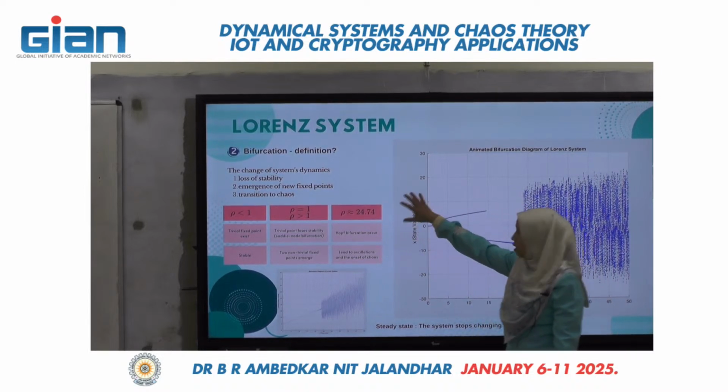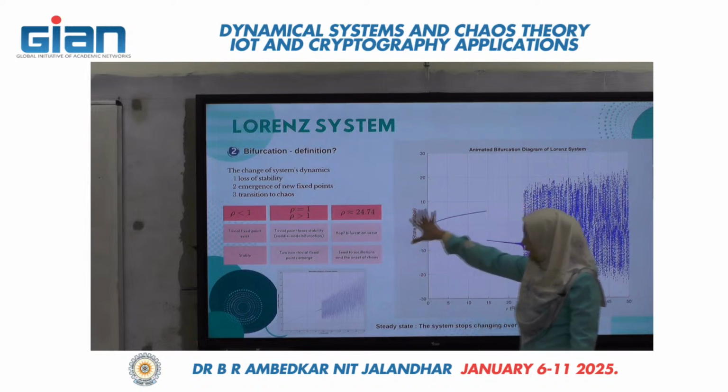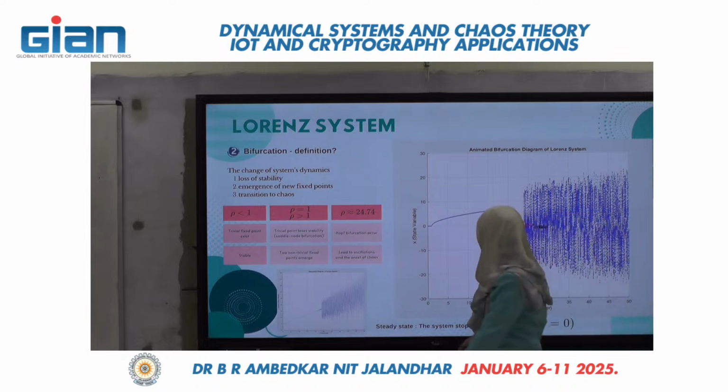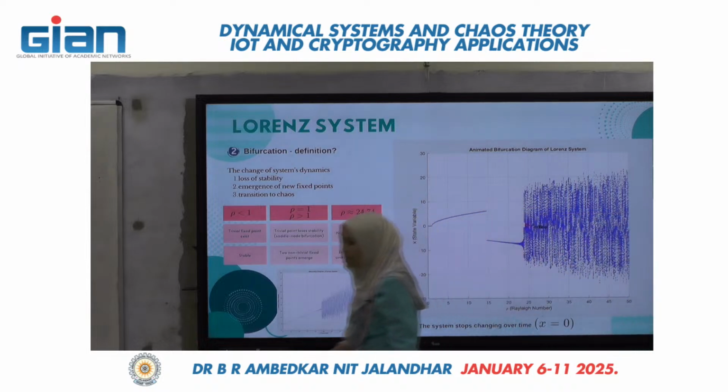So this one leads to oscillation, and it's actually a hallmark of chaos. It's the onset of chaos. So this is one of the important analyses of chaos theory. So bifurcation actually captures how small parameter changes alter the system dynamics.